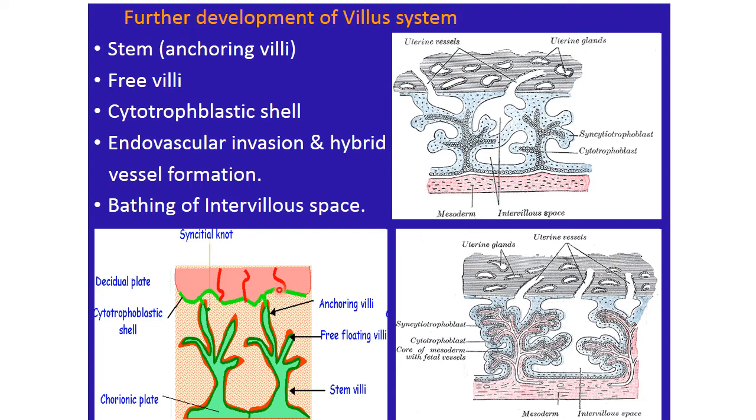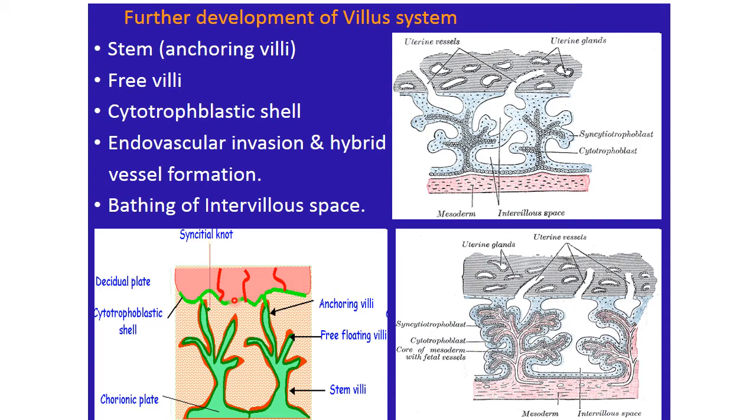The growth of the cytotrophoblast, this greenish layer, sidewise, and they join with the similar sideways development of the cytotrophoblast from the adjacent anchoring villi. So they form an outer covering of the cytotrophoblast which is very adjacent to the decidual plate. And this is the area of the decidual plate, and this is the cytotrophoblastic shell.